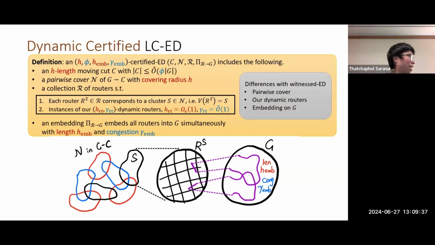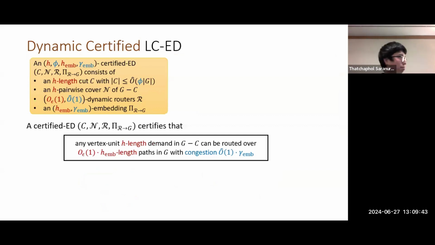And also we allow the embedding to be on the original graph G instead of G minus C. And this is a quick recap of why this is indeed a certificate of the expansion of this expander. So basically it's certifying the following: that H length demand in G minus C can be routed over roughly H embed length paths with congestion gamma embed.